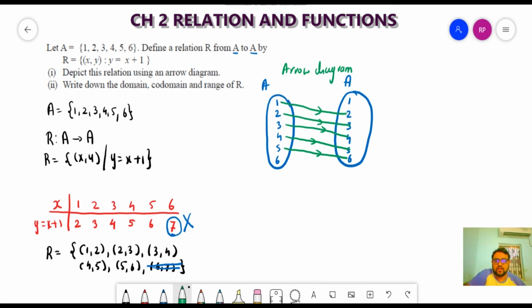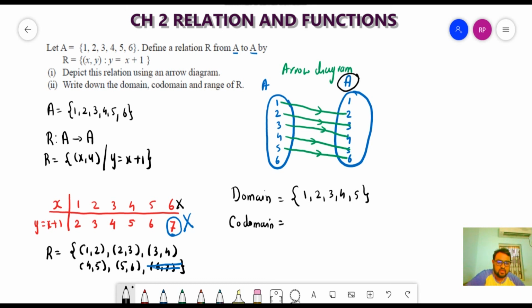Now I need to find out the domain, codomain and the range, right? So see, domain, which values can I take? Domain 1, 2, 3, 4, 5. 6 was not going to be in the relation, so that will not be in the domain. Here also you can see 1, 2, 3, 4 and 5. What is the codomain? Codomain is this complete set.